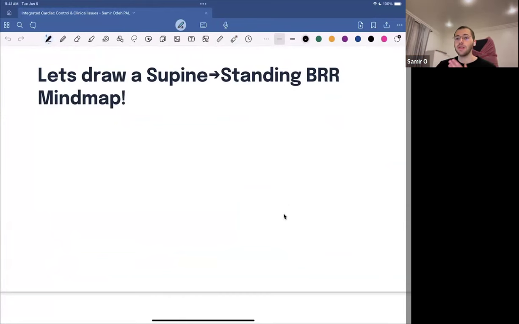So I'd like everyone to grab your nearest piece of paper or just bear with me as we draw what happens. And trust me, when you draw it out yourself, it is incredibly helpful. You'll just understand everything. Our first thing is that we're going from a supine position to a standing position. As we know, the blood pressure is going to decrease.